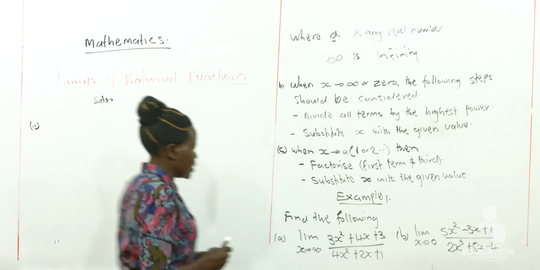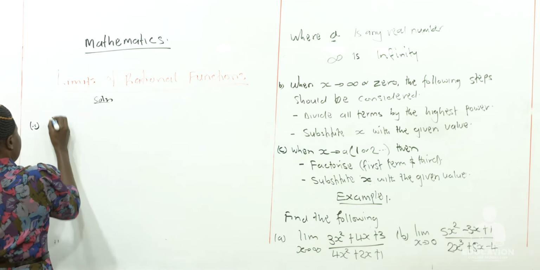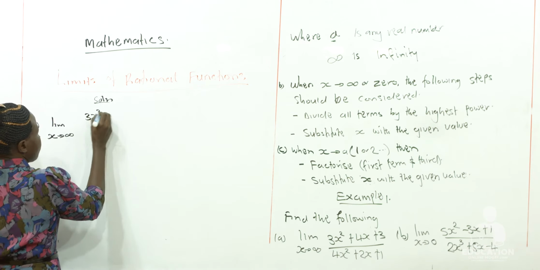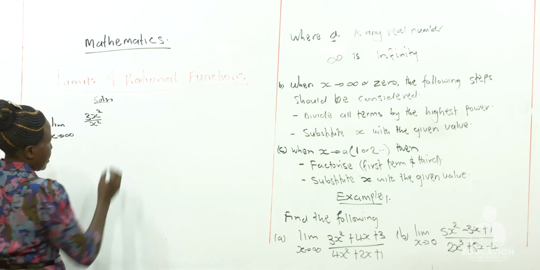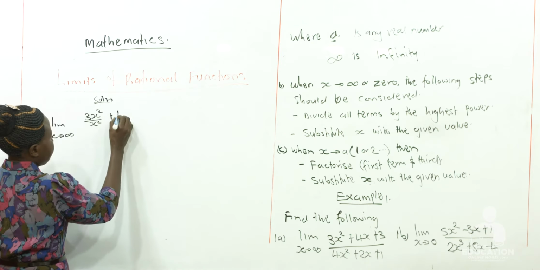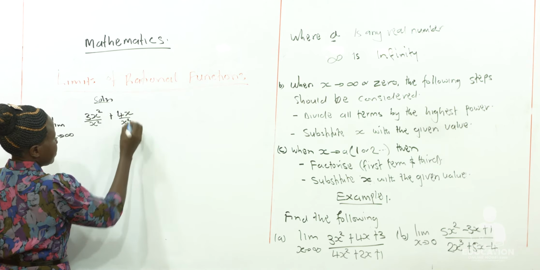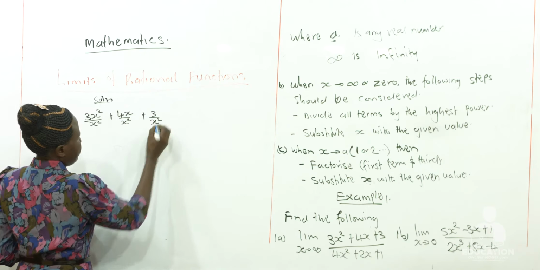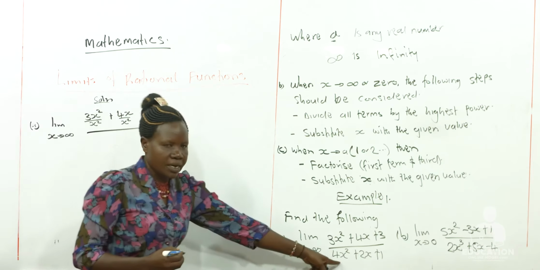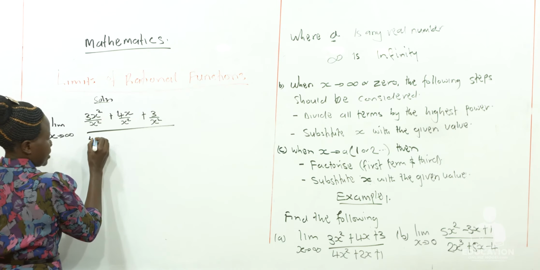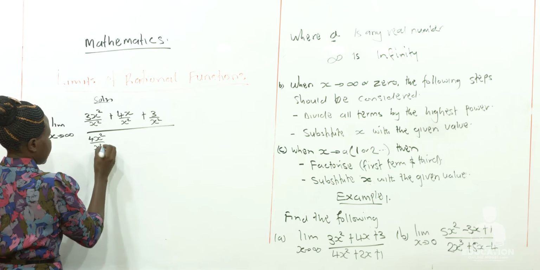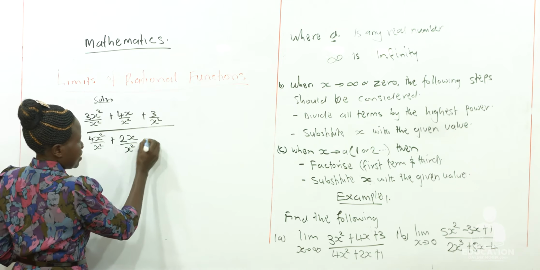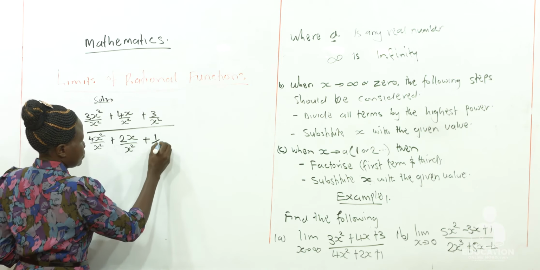Then the limit as x approaches infinity will give me 3x square divided by x square, plus 4x divided by x square, plus 3 divided by x square, all over 4x square divided by x square, plus 2x divided by x square, plus 1 divided by x square.